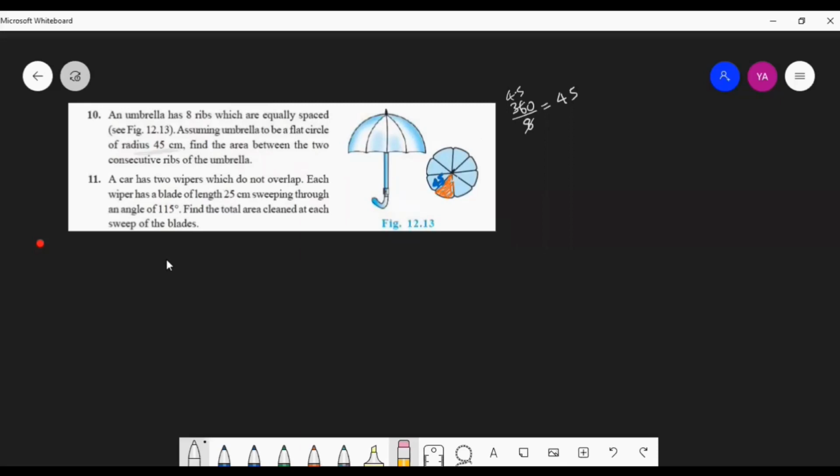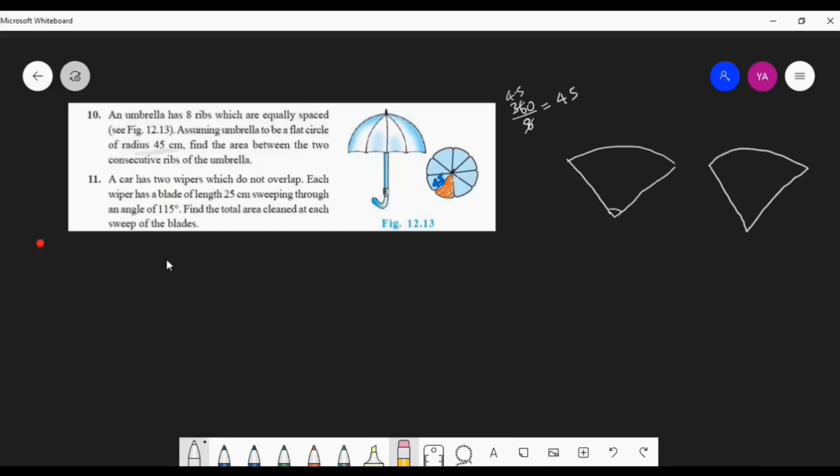Okay, so you know the idea of the wipers, how wipers work, right? So look here, there are 2 wipers. One wiper, at one wipe, covers a 115 degree angle. So one wiper will cover almost like a sector like this, 115 degree. This much region in one wipe. There are 2 wipers like that.